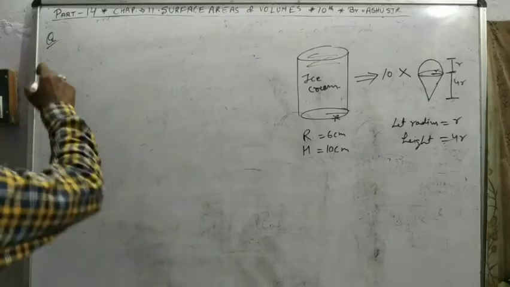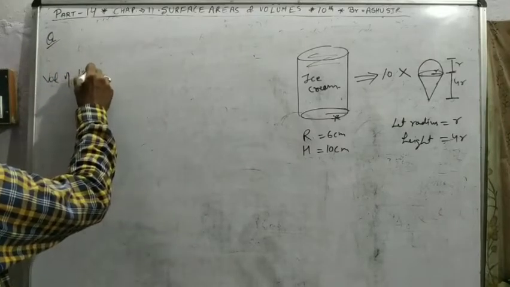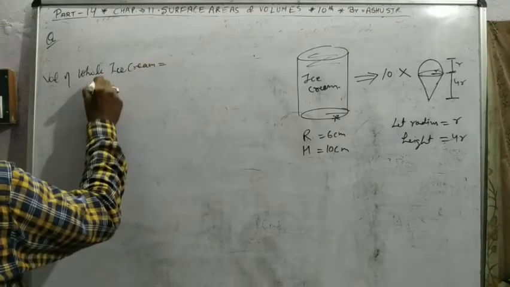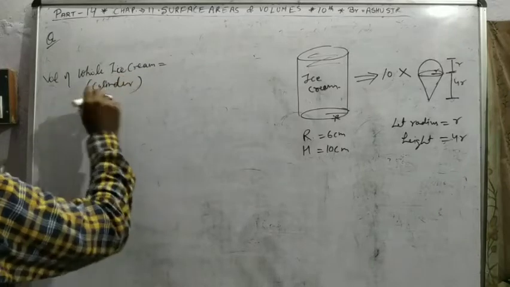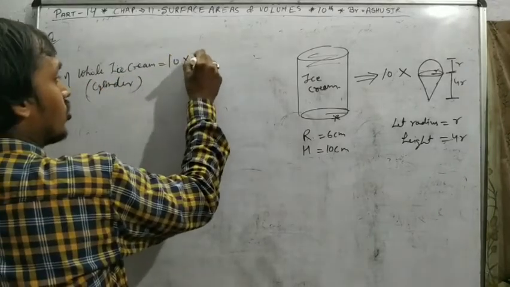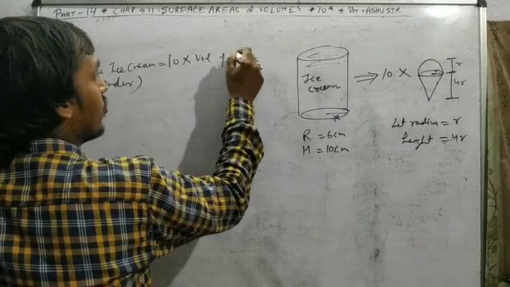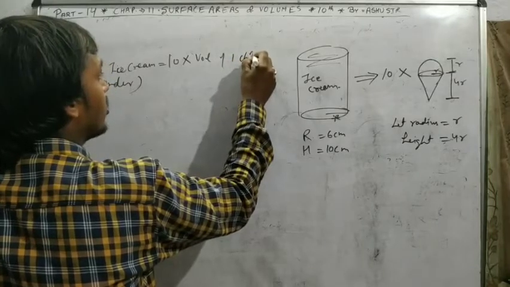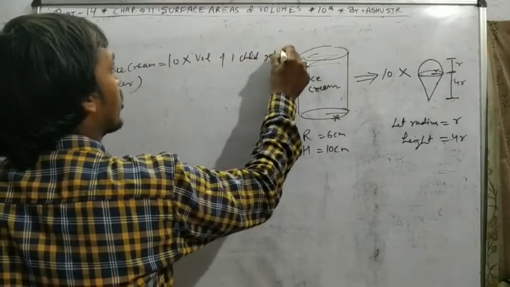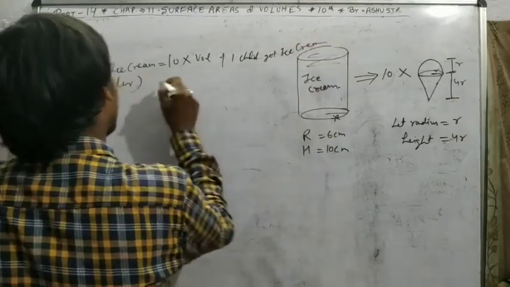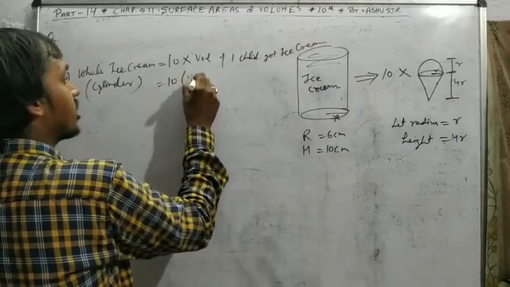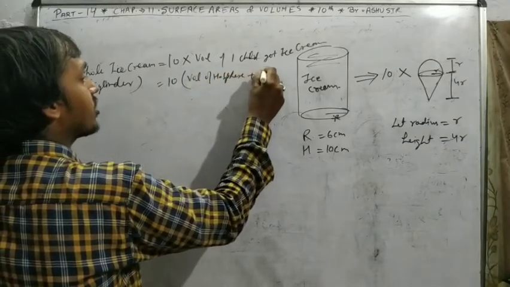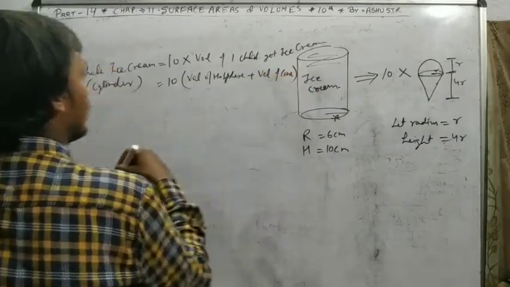Very simple question. Volume of the whole ice cream, in simple words the cylinder, is equal to 10 times the volume of the ice cream 1 child got, and 10 children got ice cream in the shape of a hemisphere plus a cone.